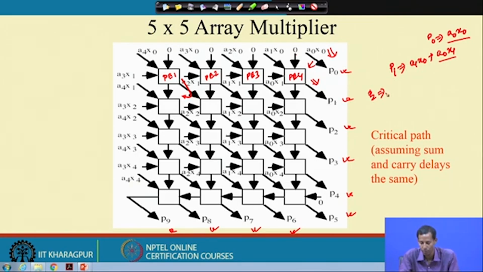In case of P2, what will it be? It will be A2 x0 plus A1 x1 plus A1 x2, okay. And apart from that, what is another thing which I have to add?